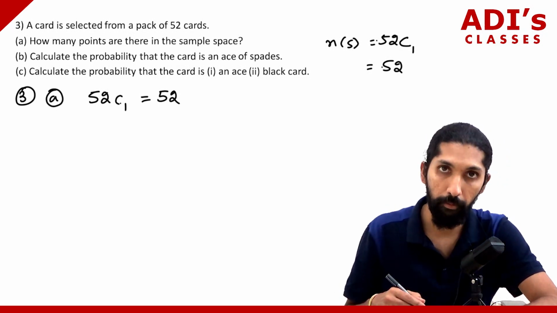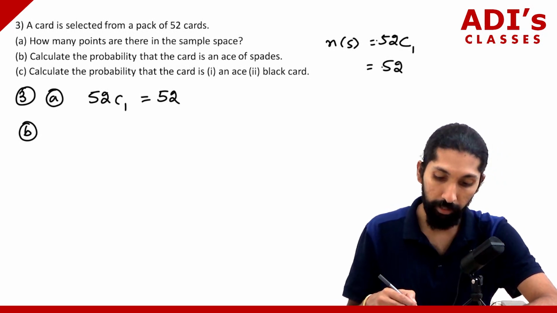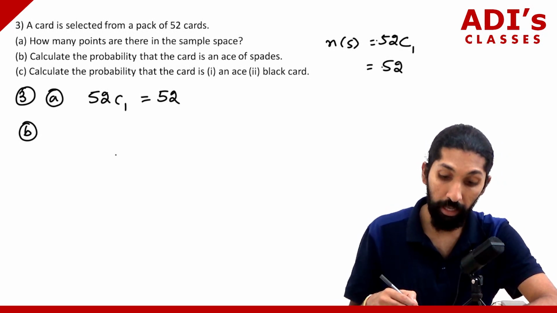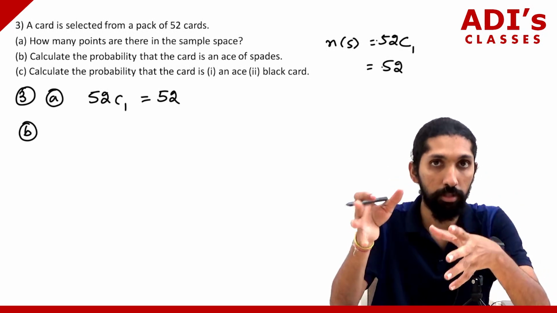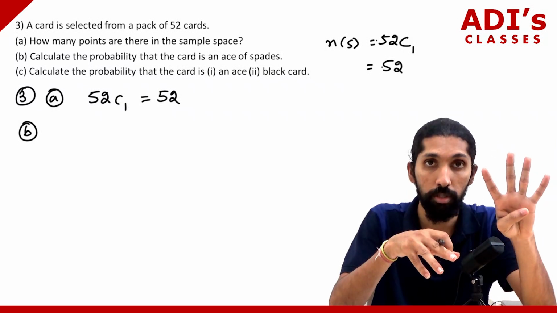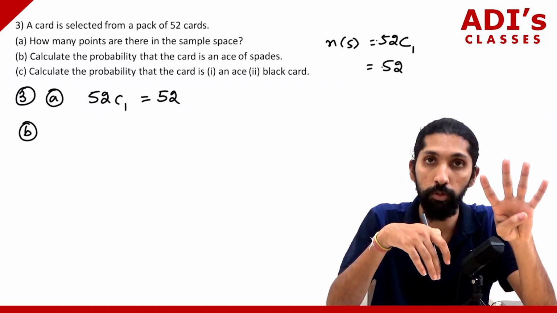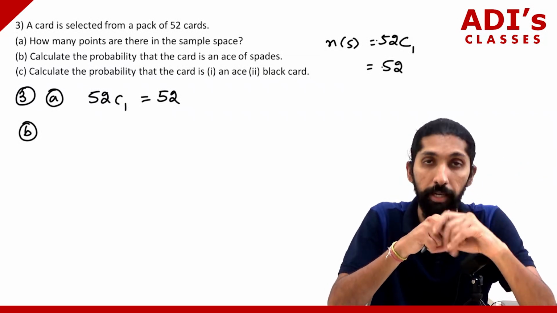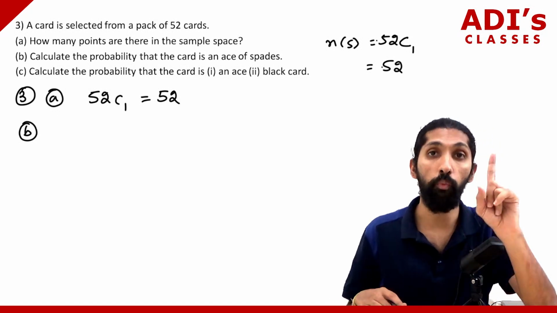Correct? Very simple. The next one, calculate the probability that the card is an ace of spades. If you don't know the structure of the cards, there are 4 suits and each suit has 13 cards. Of the 4 suits, one of the suits is a spade. Now, spade has one ace.